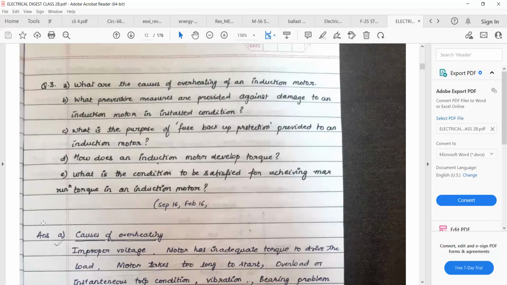There are various trips, right? What is the purpose of fuse backup protection provided to an induction motor? Next question is, how does an induction motor develop torque? Basically, how it starts. Next part is, what is the condition to be satisfied for achieving maximum running torque in an induction motor?